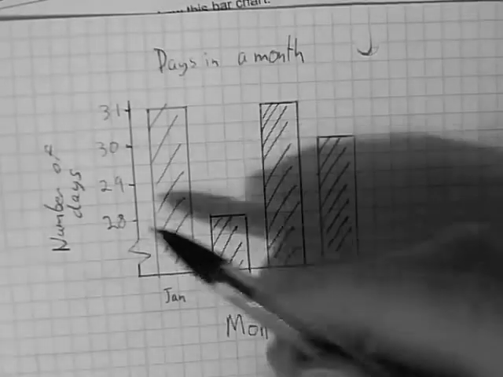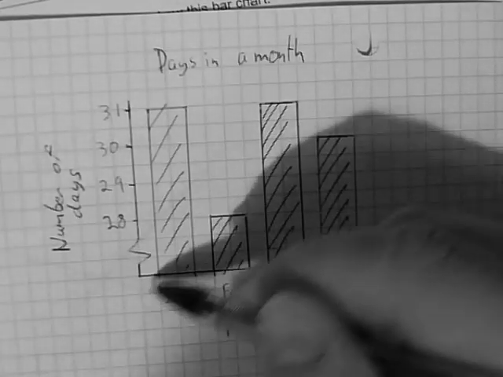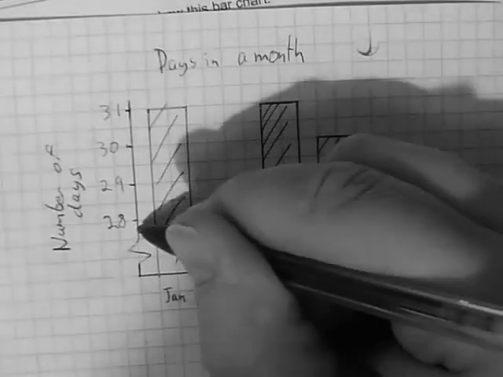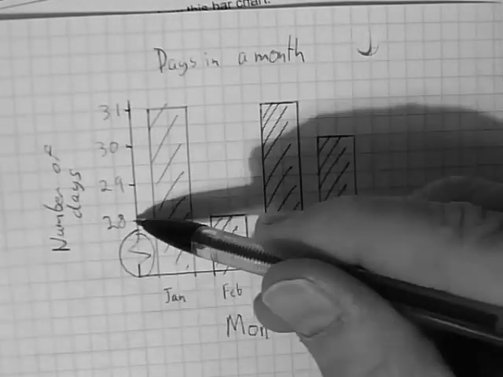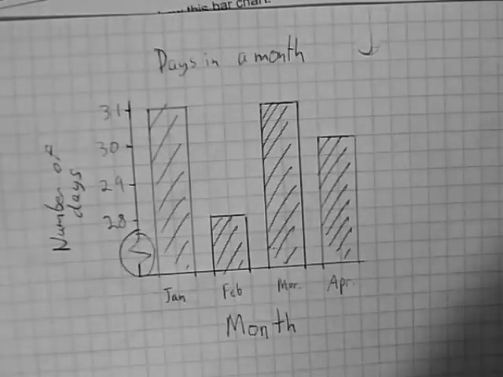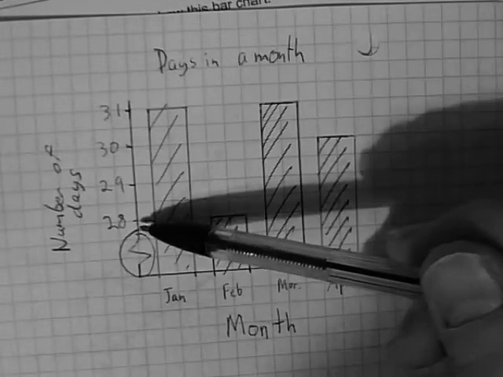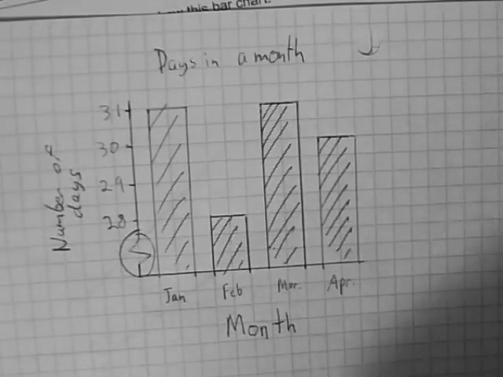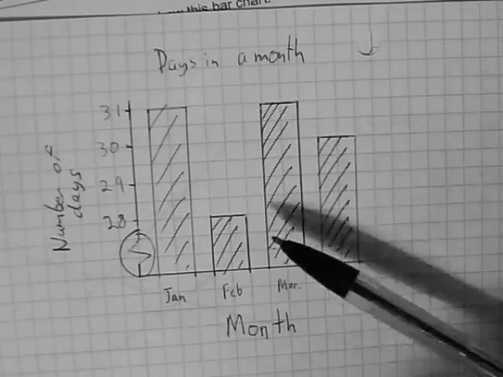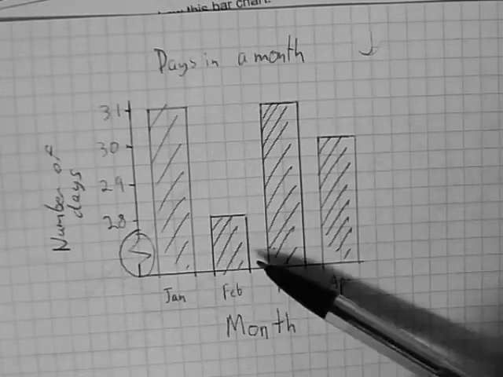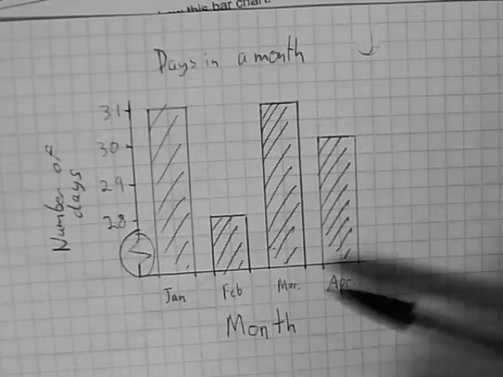What I've done is I've put this squiggle in here, and this squiggle shows you that the bit between the 0 and the 28 is being collapsed. So then it starts here at 28, and if you use this squiggle, then you don't have to start your graph at 0. Apart from that, the spacing has been done correctly, so that's fine.